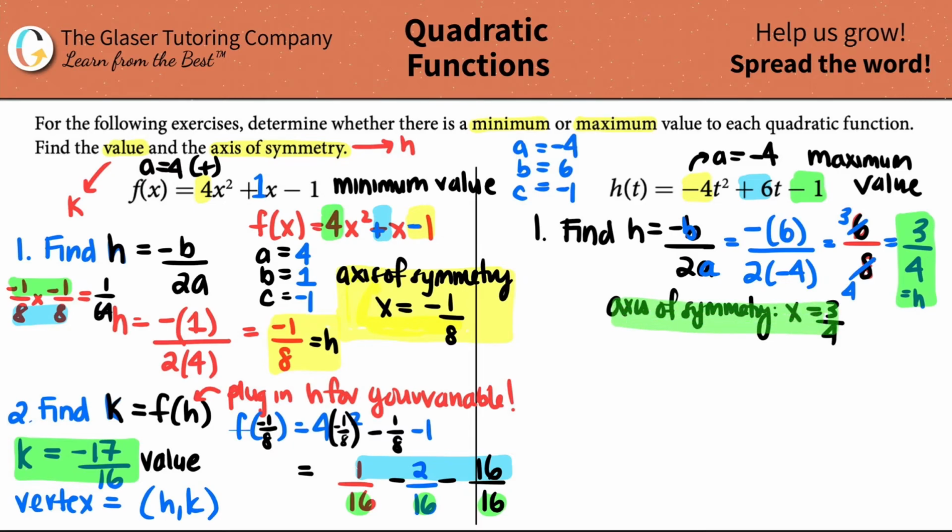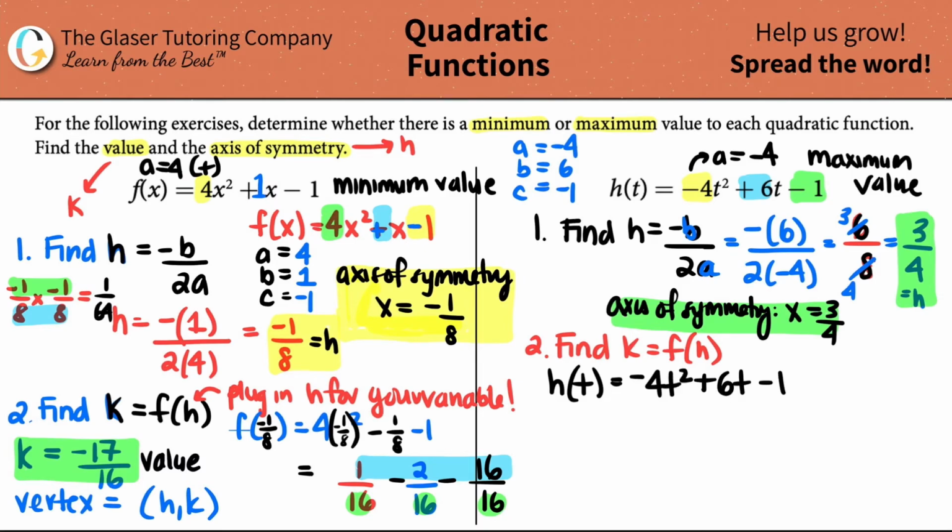Now we just have to find the k value. And remember, the k value is where you plug your h value into the formula. The formula was h of t equals negative 4t squared plus 6t minus 1.